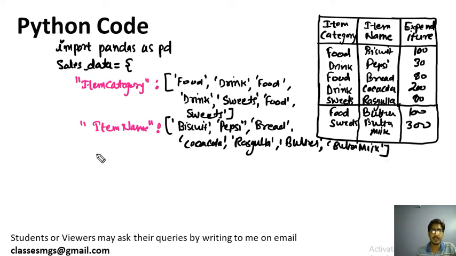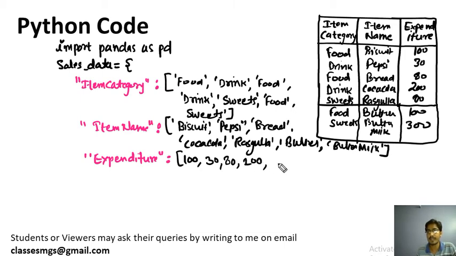Then again you will have the third column, expenditure, with values like 100, 30, 80, 200, 80, 100 and 300. Now you will close this dictionary.